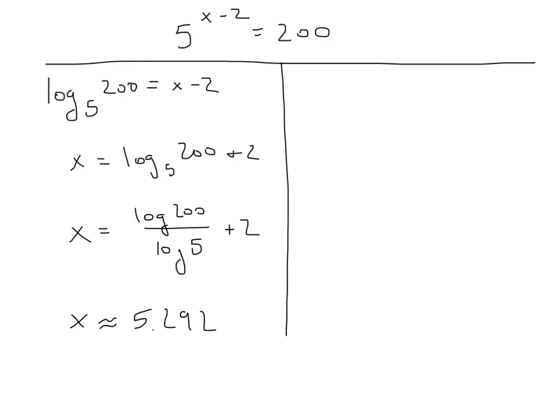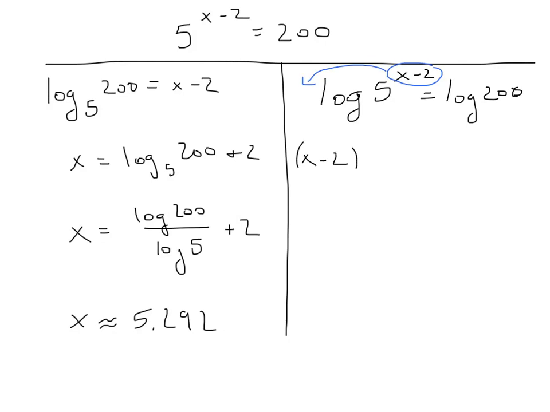So that's one way to approach this, but just as I can add, subtract, multiply, or divide on each side of an equation without changing its solutions, I can take the logarithm of each side. So if I take the logarithm of each side of this equation, I'll get log of 5 to the x minus 2 is equal to log of 200. And using my power property of logarithms, I can take this exponent here, x minus 2, and bring it down in front, so I'll get x minus 2 times log 5 is equal to log of 200.